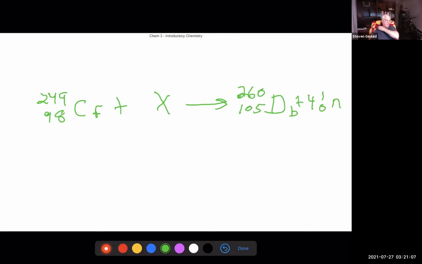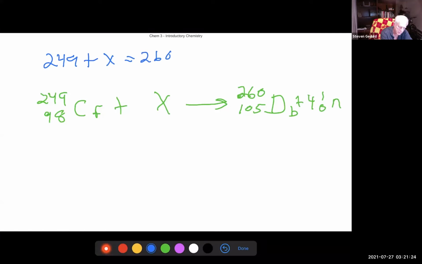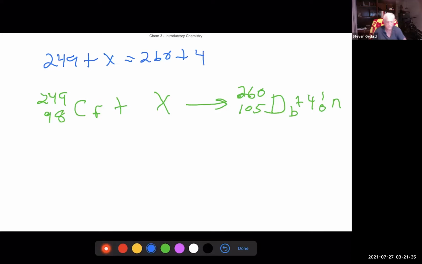Okay. With balancing, radioactive problems are very simple. The top numbers have to be supplied. So in other words, you have 249 plus some number equals 260, plus 4. Each one is a neutron, you have 4 of those.